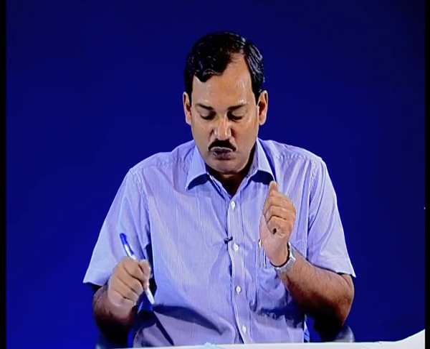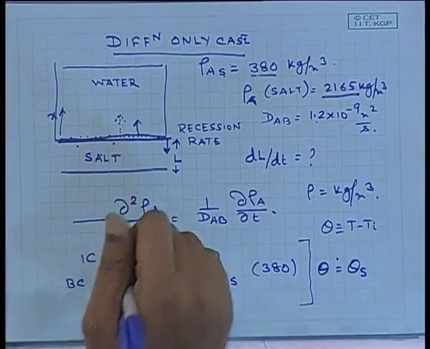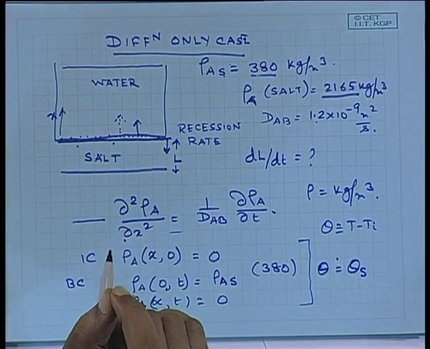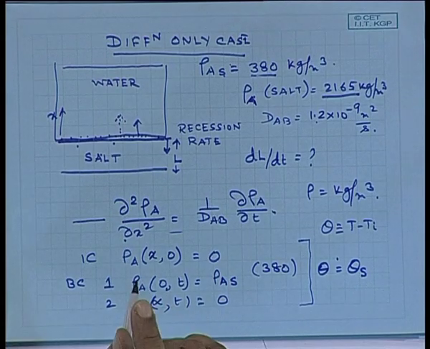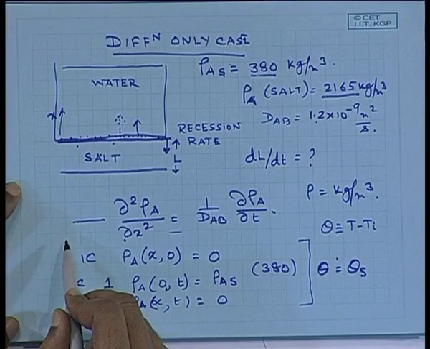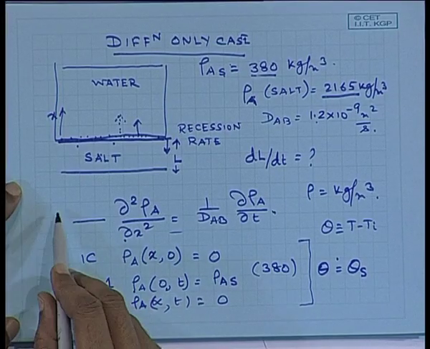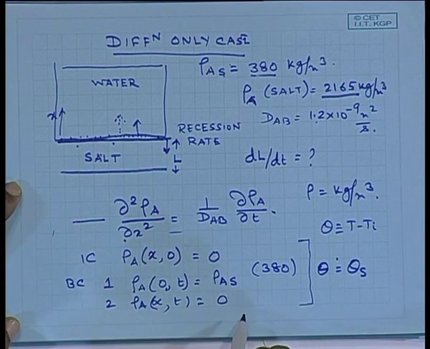So, the error function solution for that one is going to be substituted in here with the simple change of K to DAB, K by rho Cp to DAB, and temperature to concentration. I do not want you to solve this in your examination.